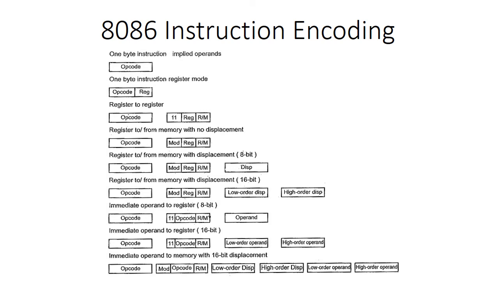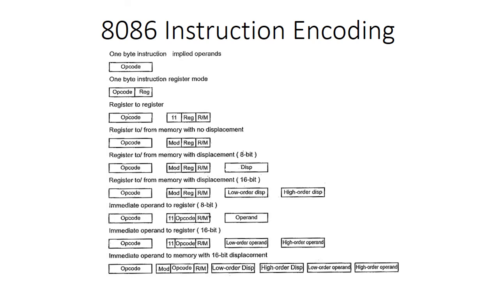The rest of the instructions have at least an opcode byte and an addressing mode byte. 2-byte instructions have only the opcode byte and the addressing mode byte. 3-byte instructions have the opcode byte, the addressing mode byte, followed by an 8-bit displacement value or an 8-bit operand value.